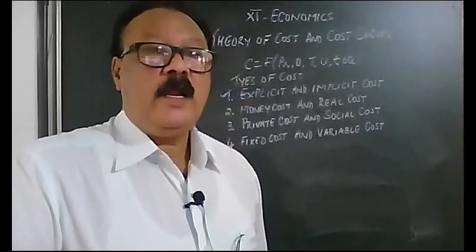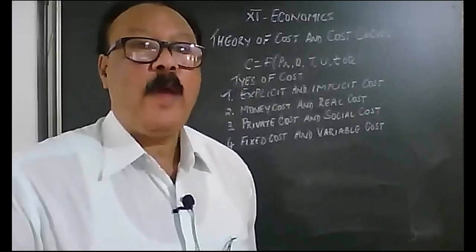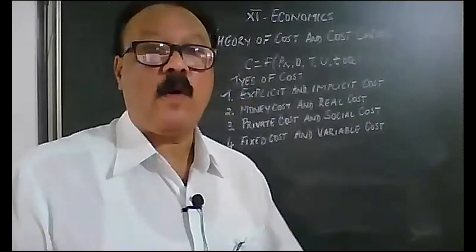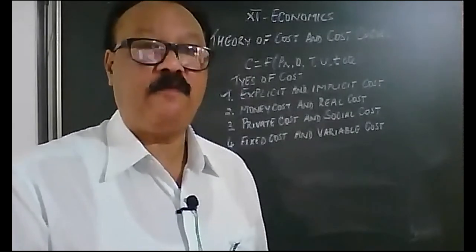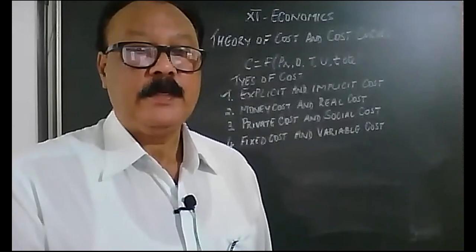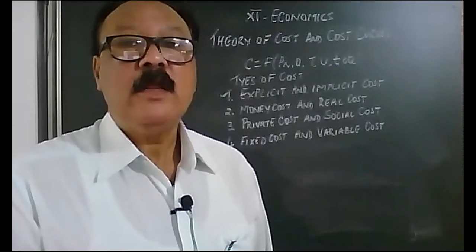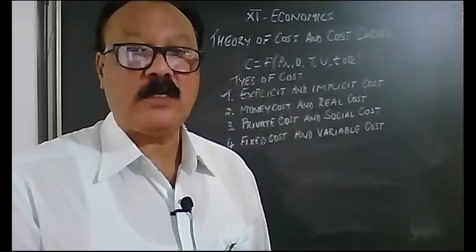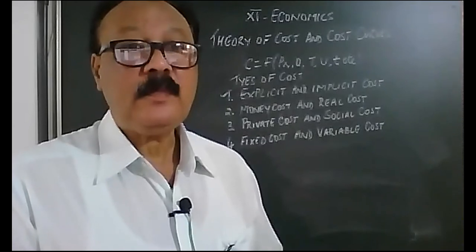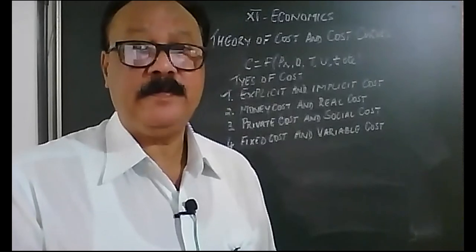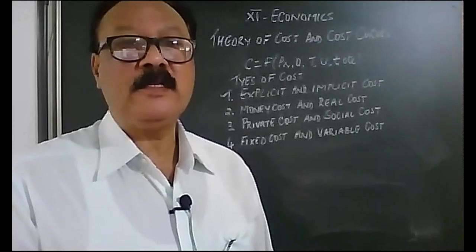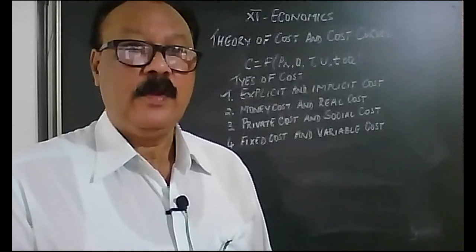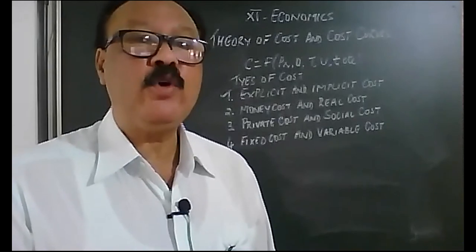So children, kindly understand this. When expenses are borne by the entrepreneur himself, such costs are called implicit costs. These are estimated costs. For example, if I am doing a business in my own building, what would be the imputed rent?